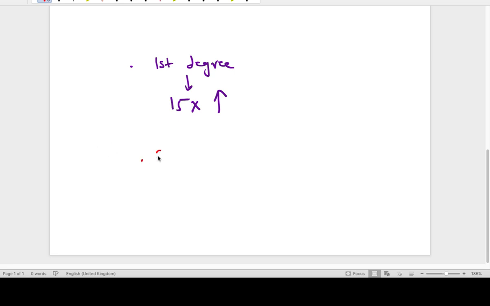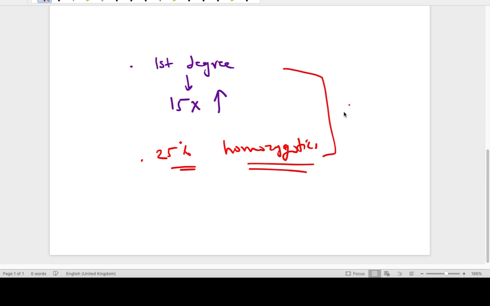Also, there is a 25% concordance rate to be affected in homozygotic twins. إذا كانوا homozygotic twins هذا بيعطي 25% إنه إذا واحد فيهم affected, the other will be affected. So by this we know that there must be some genetic susceptibility.